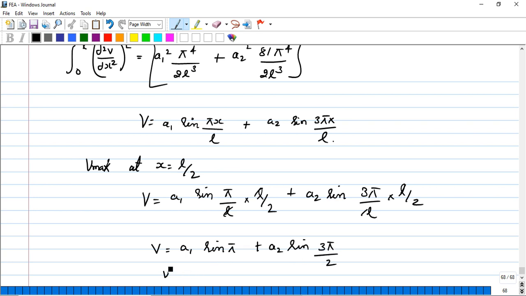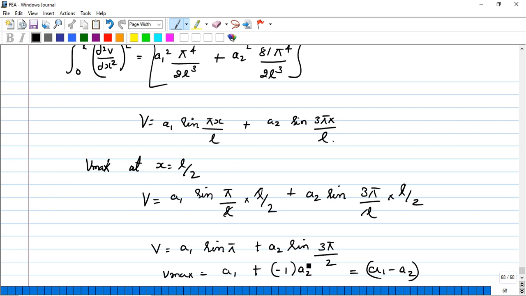So I will write V max is equal to A1 sine 90, that is 1, and A2 sine 270, that will be minus 1 multiplied by A2. Finally I represent this as A1 minus A2. So V max I can write as A1 minus A2.